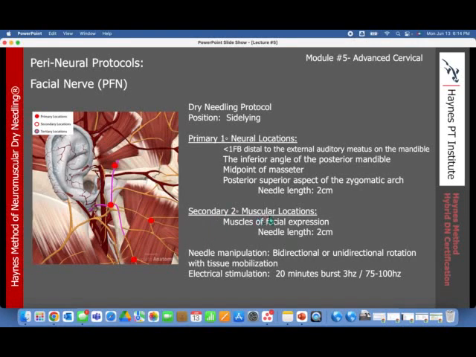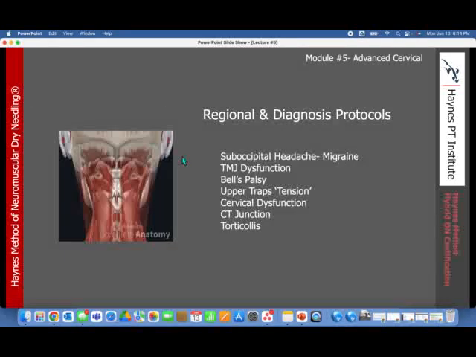For our secondary muscular locations, we've got a plethora of muscles of facial expression that could be involved with that. So if you see one that's involved, I'd probably look at any of those that are fairly close to the motor points there for the facial nerve.